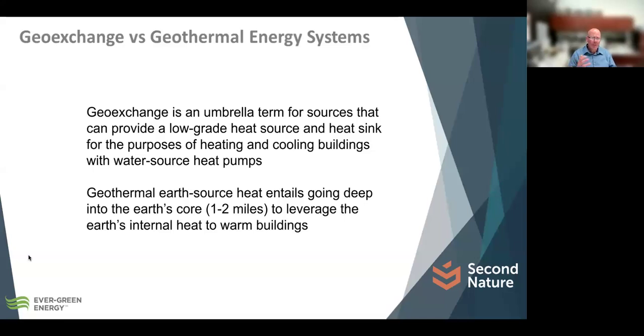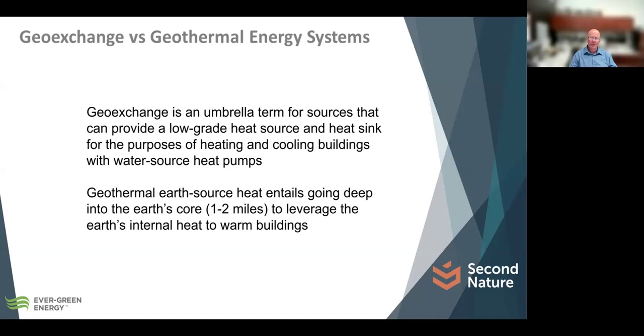Geo-exchange is really when the Earth's or some source is being used, and I'll talk about a couple of different opportunities that we're seeing on projects around the country, where you have a low-grade energy source that you use both for heat in heating season and as a heat sink in cooling season, to combine with water source heat pumps to temper those spaces and to provide comfort, as opposed to some projects around the country right now where they are going much deeper into the earth for purposes of strictly heating the buildings, using high level of heat deep in the earth's core to be able to provide heating to space.